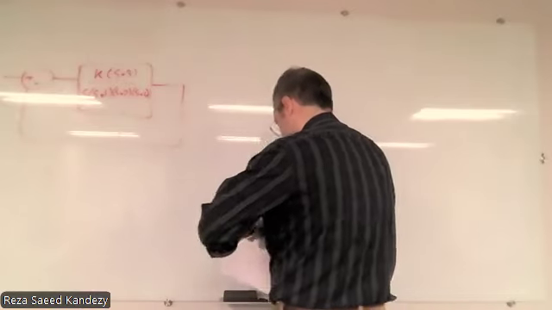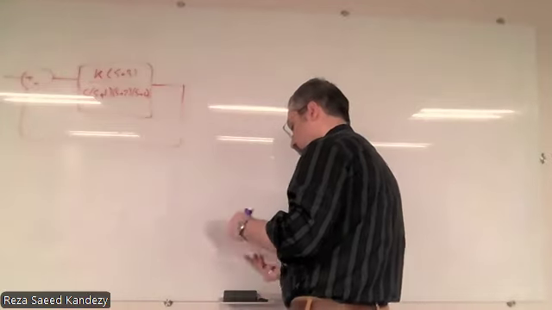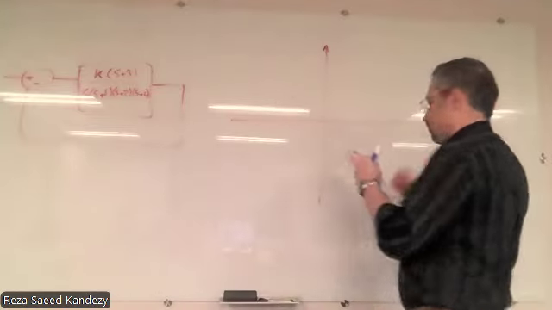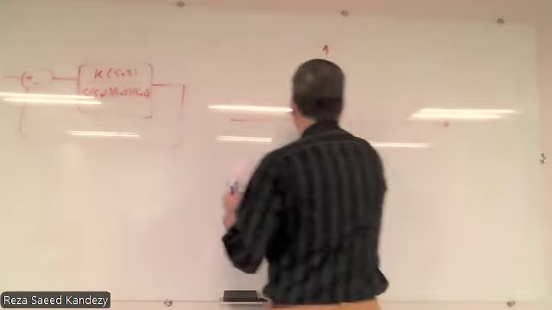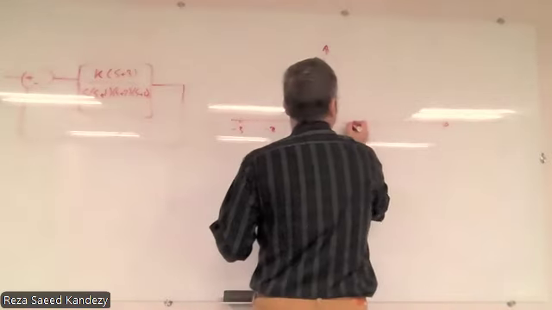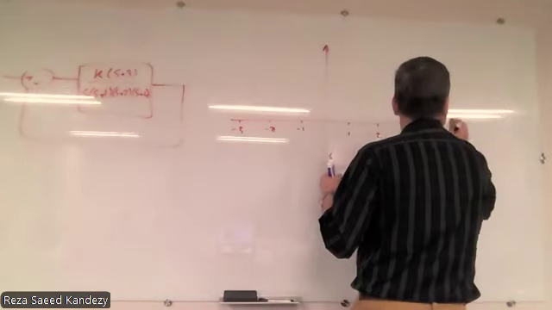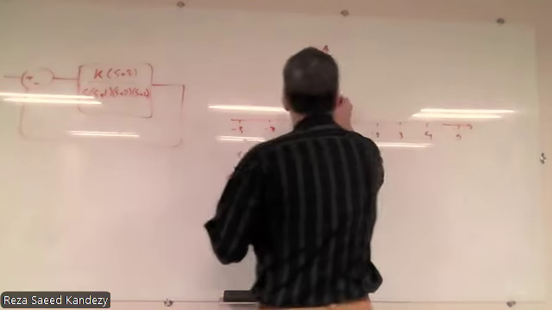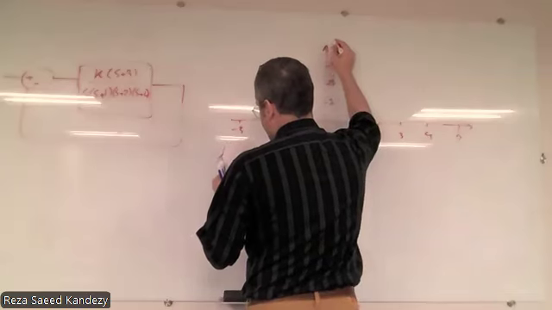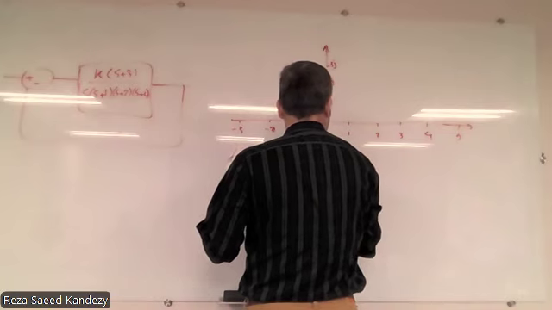Let's say we have this, and let me make the units clear: -1, -2, -3, 1, 2, 3, 4, 5, j, 2j, 3j, -j, -2j, -3j.